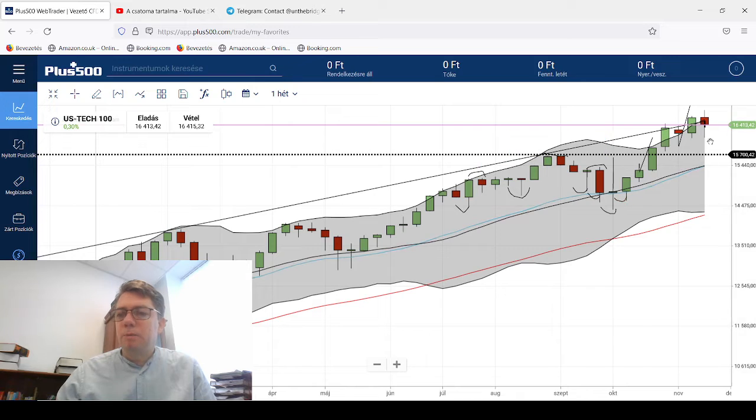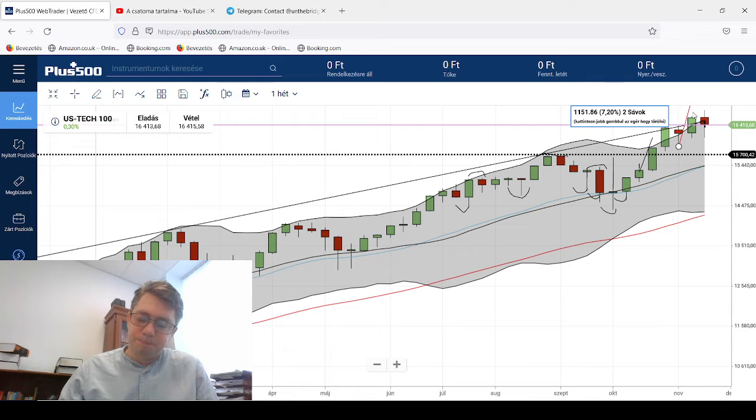And right now we are very far from the 20 weekly EMA. So it also means that after a while we will get back there, but probably before doing that we will go to 17,000 and even above, around that area. That's all for now, but of course once we have a sort of topping formation or we see something, then we need to be prepared to come back and touch this area.